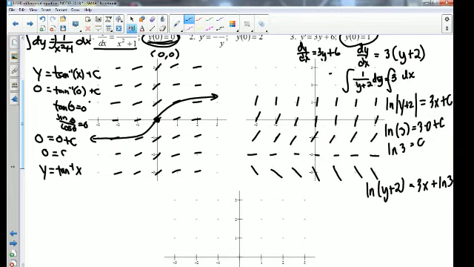Now how do we solve this for y? Yeah, e. So y plus 2 equals e to the 3x plus natural log 3. And then subtract 2, right?